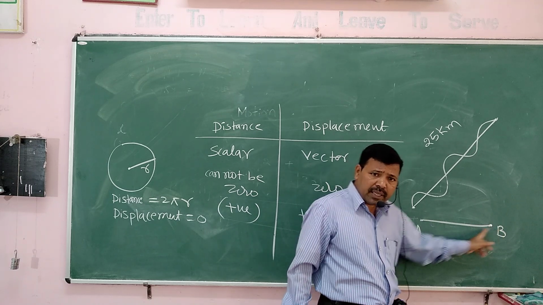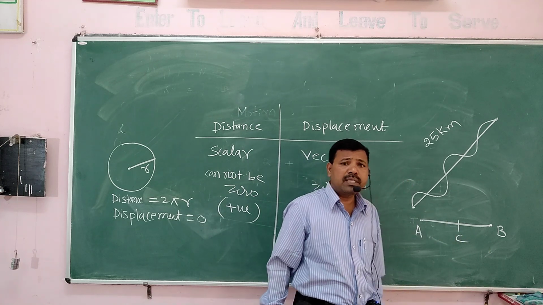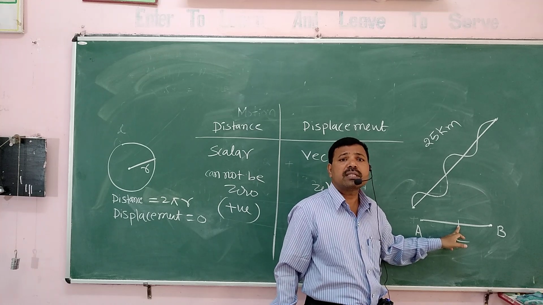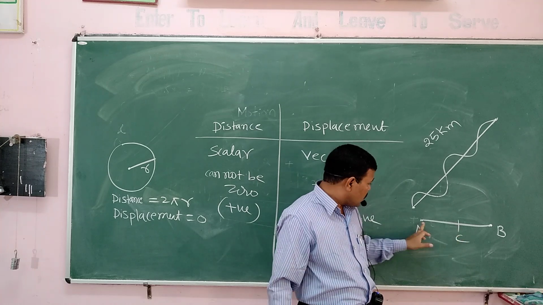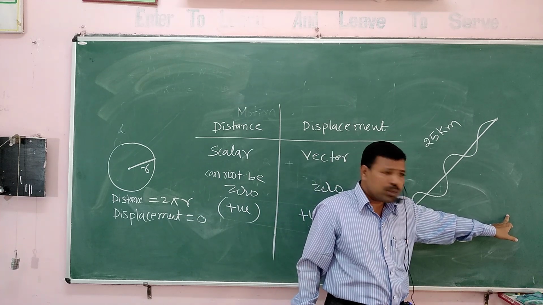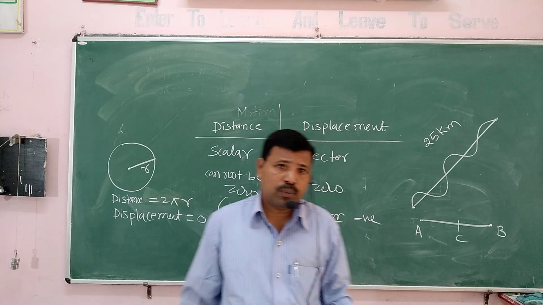At B, he returns and goes to the point C. So this B to C displacement is negative. If you consider the onward journey displacement is positive, the return journey displacement will be negative.